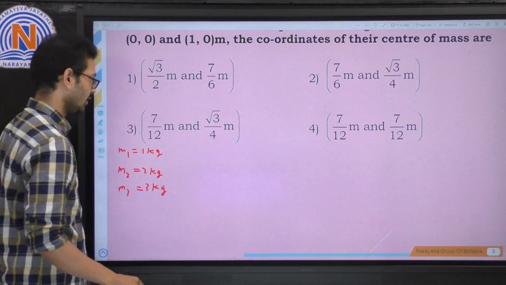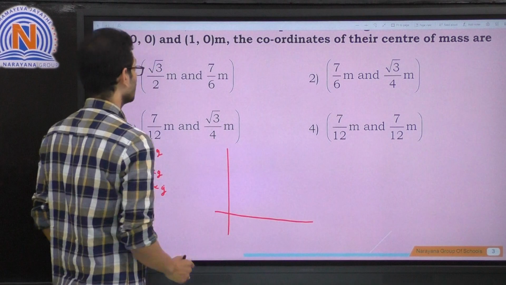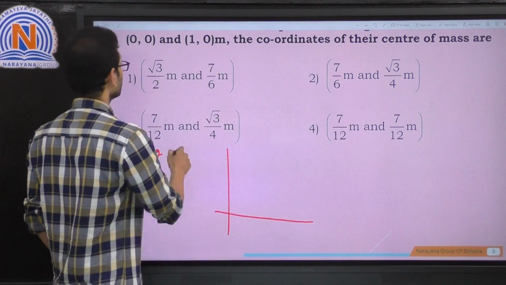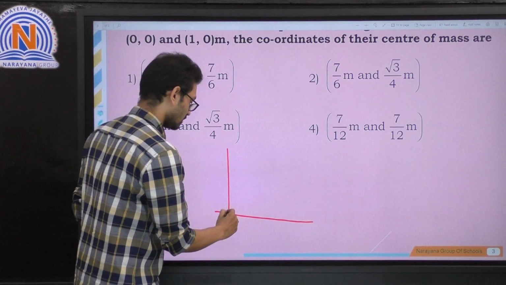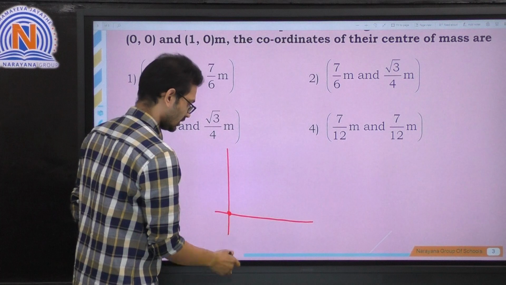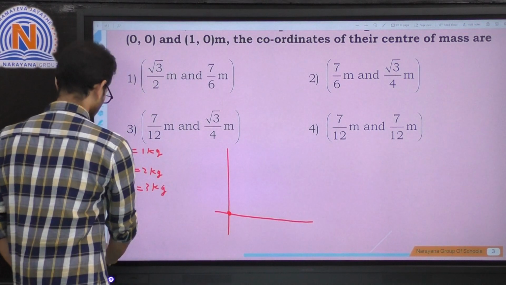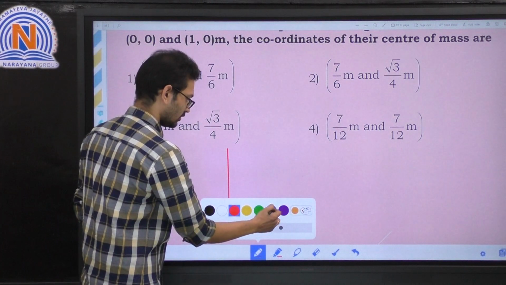So next, you need to find out, they are all in an equilateral triangle, and they gave you (0, 0), (1, 0), and you have another one also. So let us try to draw that. This particular point, I'll use another color, this blue.